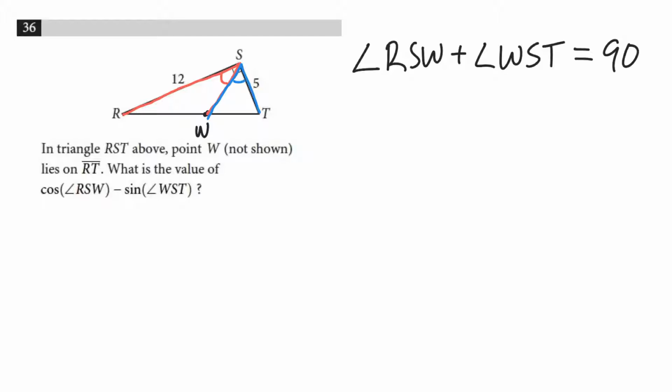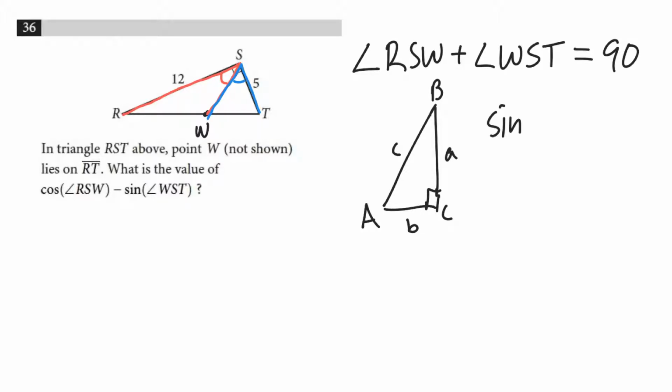And if we do a little sketch here, with angles A, B, and C and lower case sides a, b, and c, sine of B is going to be opposite over hypotenuse, which is b over c. And cosine of A is going to be adjacent over hypotenuse, which is b over c.